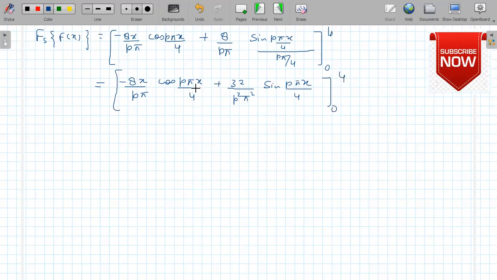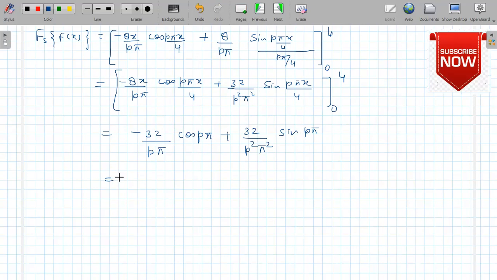So when we substitute 4 here, we will get cos pπ. So it will be minus 32 over pπ into cos pπ plus 32 over p squared π squared sin pπ, and at lower limit both will be 0.